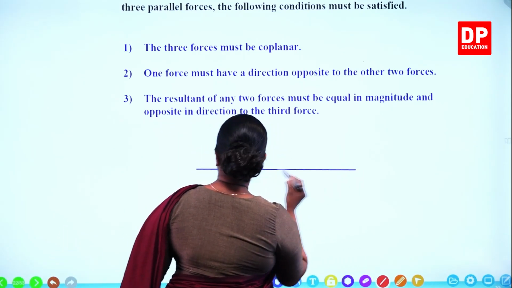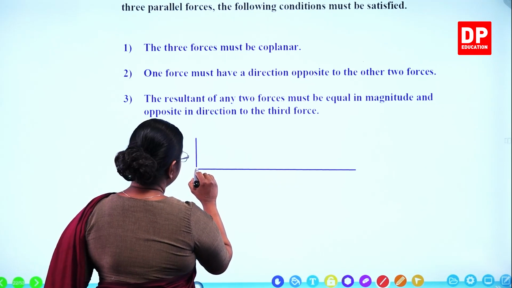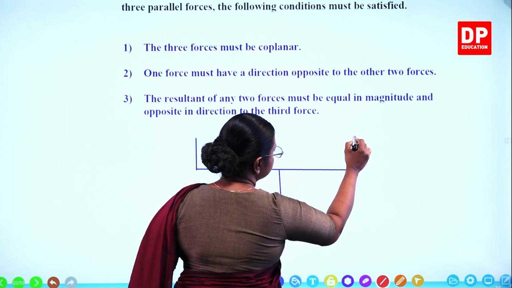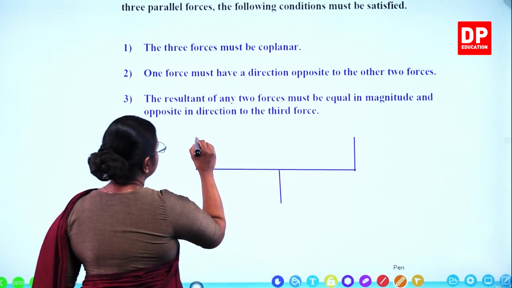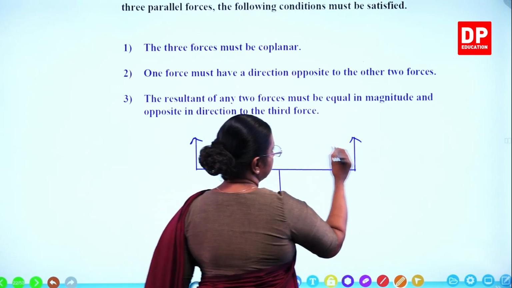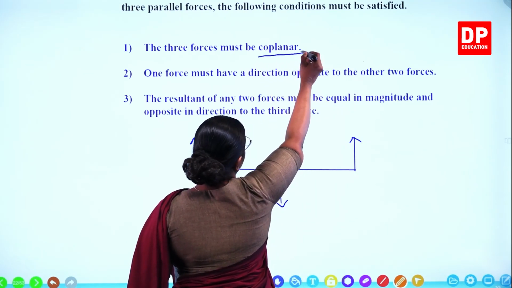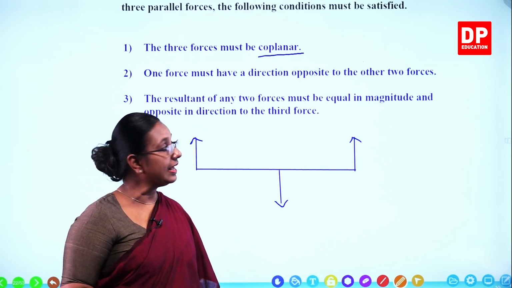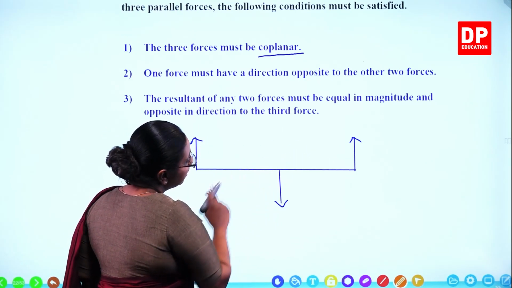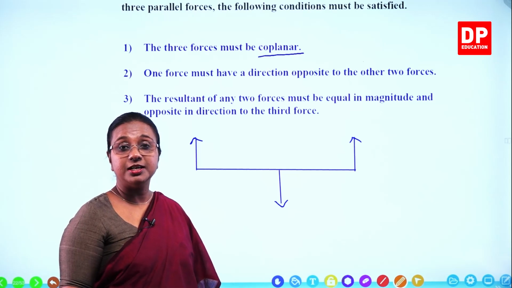you have a line like this. Then there are parallel forces. So here you can see they are all coplanar. These are all coplanar forces on the same plane, and you can see two forces have direction opposite of the third force.